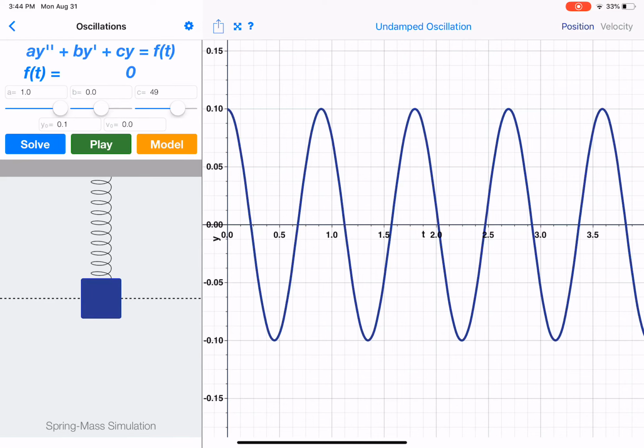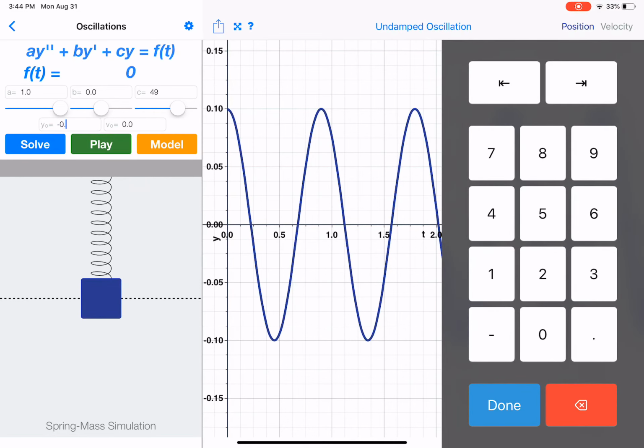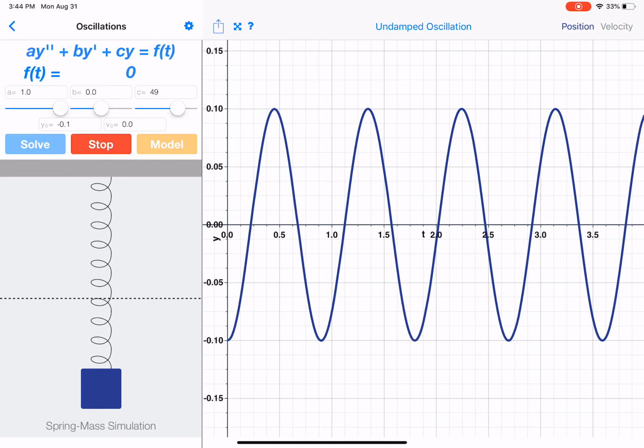C is 49 because that came from our equation. And then our initial condition is negative 0.1. So what we're going to do is stretch the spring and then release it. We can play a simulation using the play button. It's going to stretch the spring down, and then we're going to watch the spring oscillate according to that cosine curve.